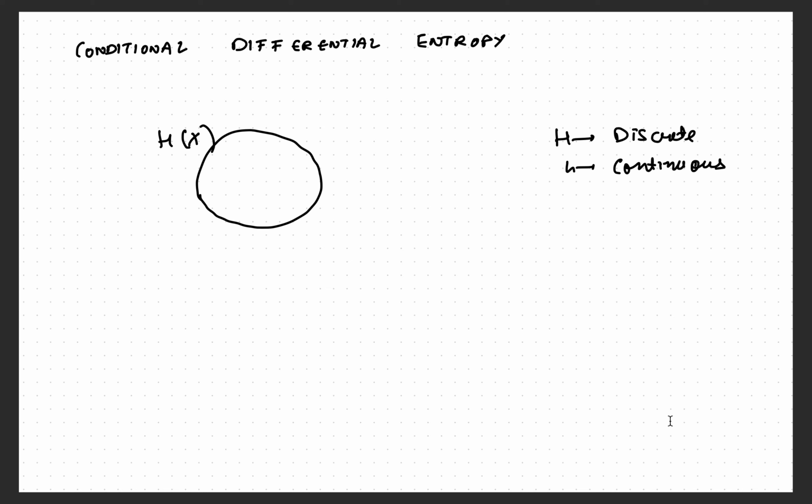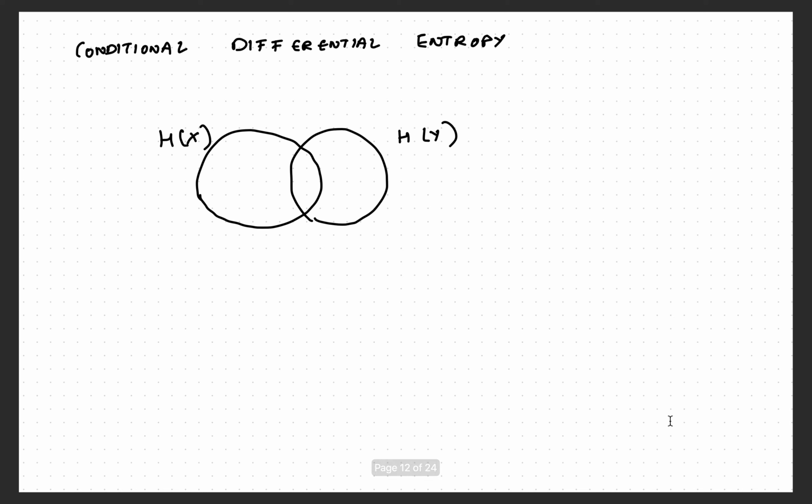All you need to do is to replace capital H's with small h's. So I've just drawn a circle showing the differential entropy for h of x, and I can similarly draw a circle showing the differential entropy, or the entropy for the discrete case, for the random variable y. And now I'll start marking some things.